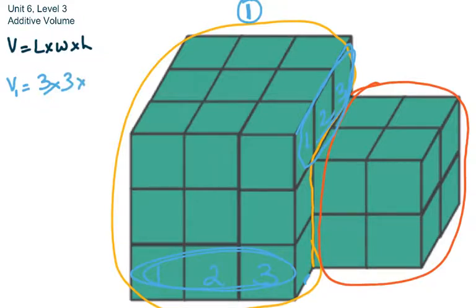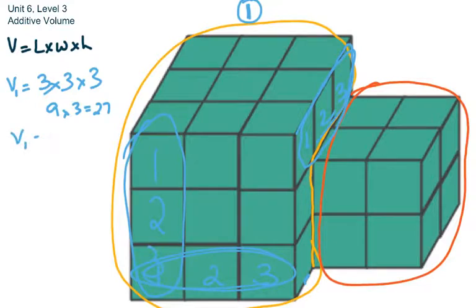And my height, of course, I can find right here. It's also 3. So for the volume of shape number 1, it's 3 times 3 times 3. So 3 times 3 is 9. 9 times 3 is 27. So the volume of shape number 1 is 27 cubic units.